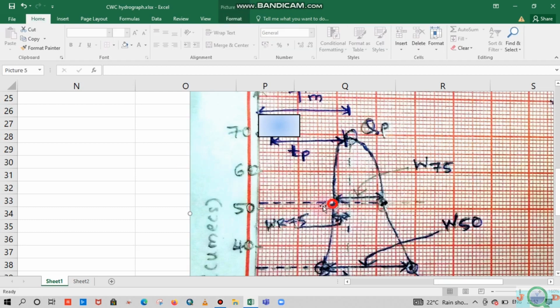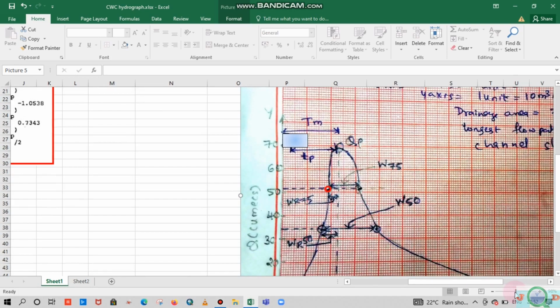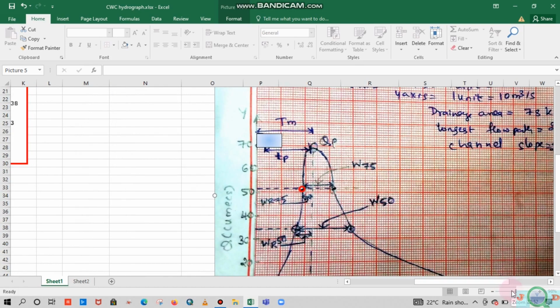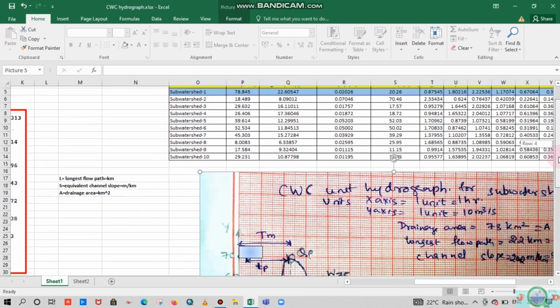Yes, this point comes somewhere here. So I marked this one. All right, so I marked this location, and later I considered the widths at 50% and 75%.